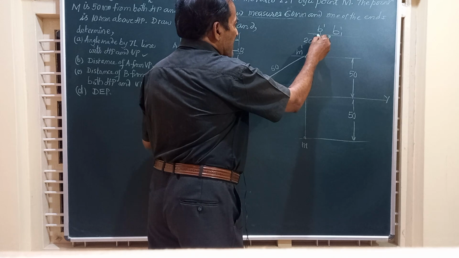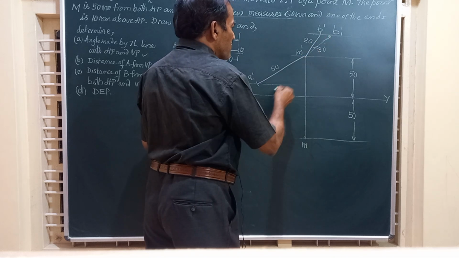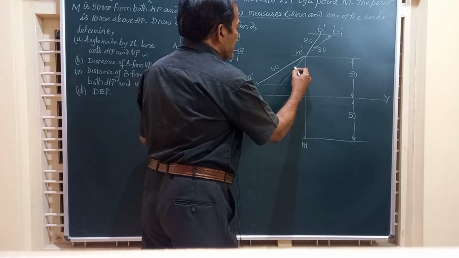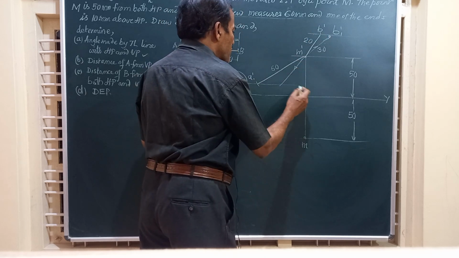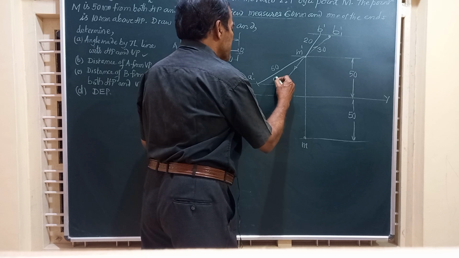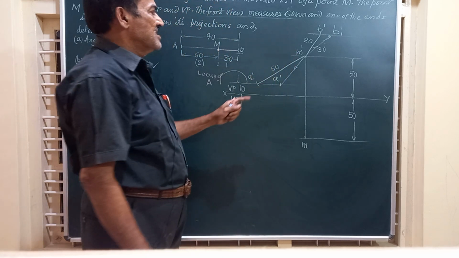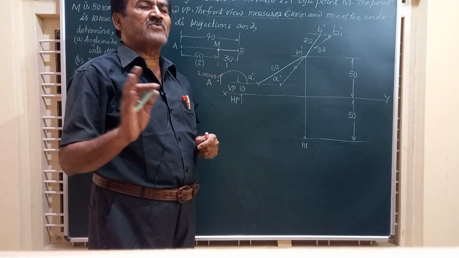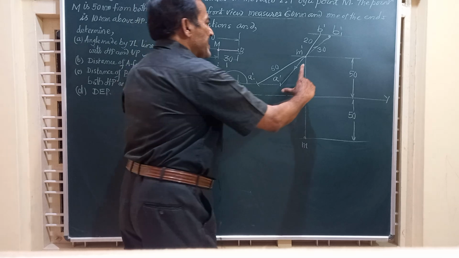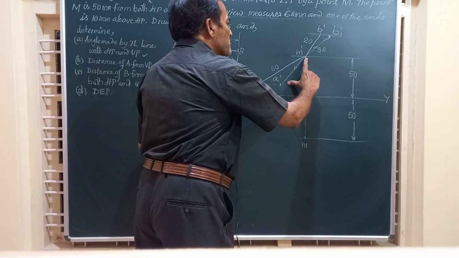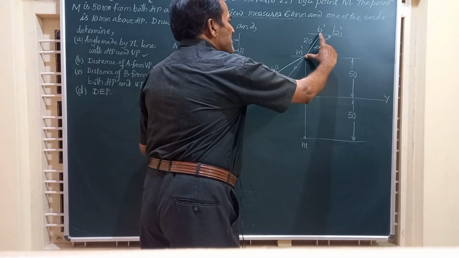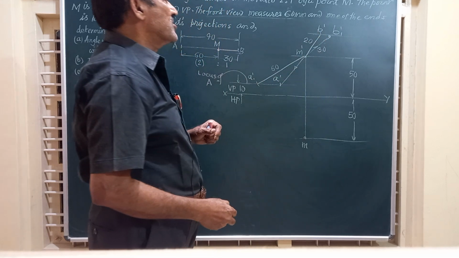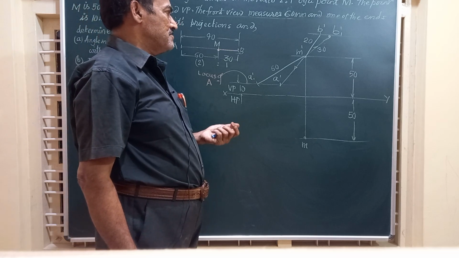I will extend this line B dash M dash downward in the same line. So this is extended downward to meet the locus of this point at A dash. Hence, this line A dash B dash represents the front view of the line with A dash M dash equal to 40 and this is equal to 20. If I add these two, the front view length should become equal to 60 millimeter.